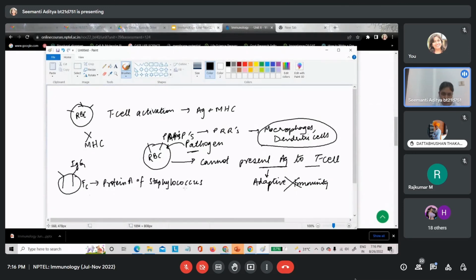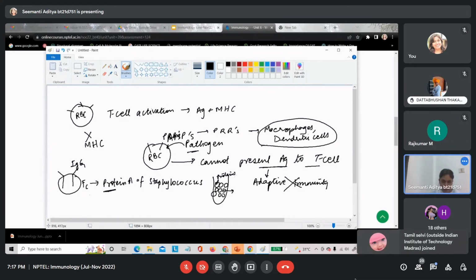So in chromatographic columns or beads, you take this protein A component of Staphylococcus and add it on top of your beads, so the beads are coated with protein A all over.